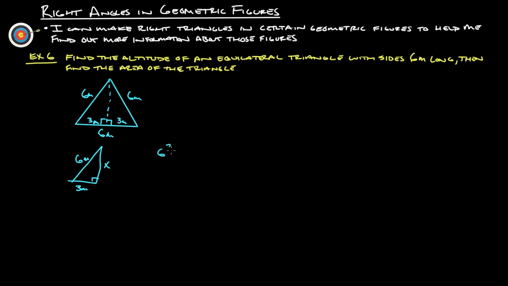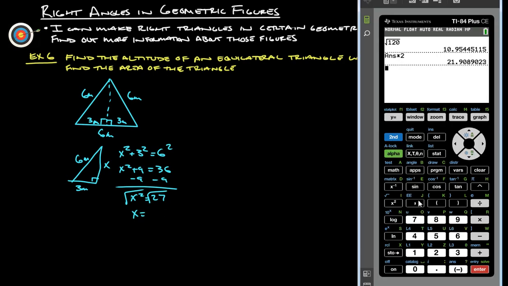So we got 6 squared as our hypotenuse, and then we've got the other two legs, x squared and 3 squared, right? So x squared plus 9 equals 36. Subtract 9 from both sides, and we get x squared is going to be 27, right? So we square root both of those to get that this altitude here is the square root of 27.